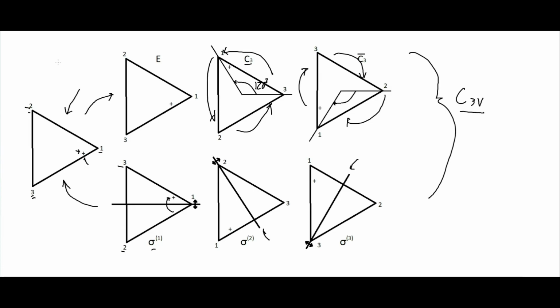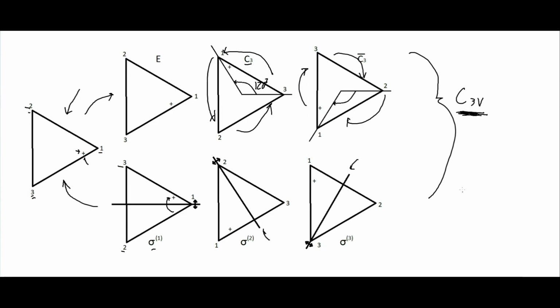That's why it's a closed group, and that is why symmetries are one of the big things that group theory is actually used for. That's why this symmetry group here, this C3V, is going to be one that I use as an example.